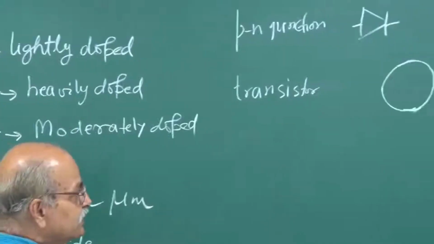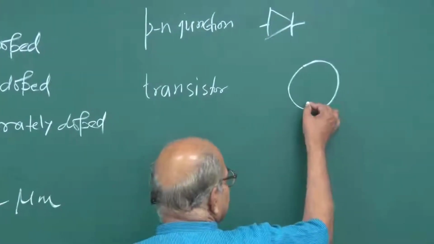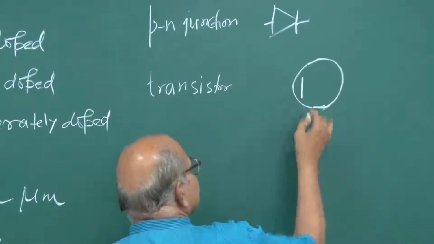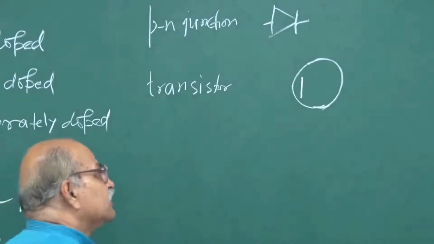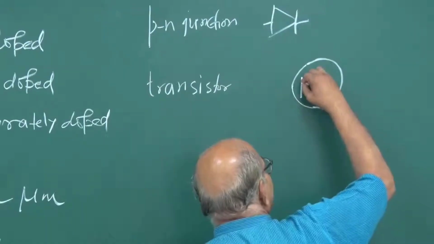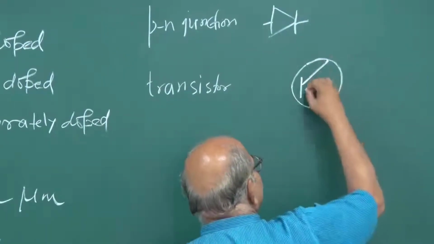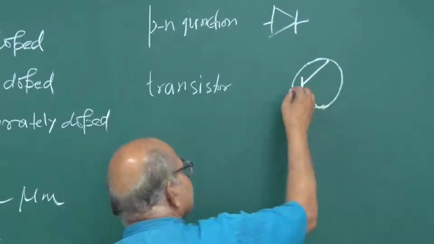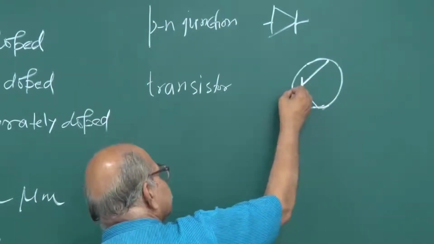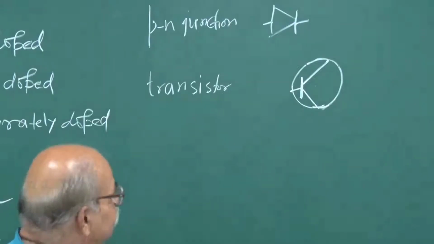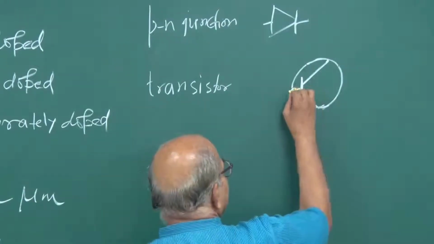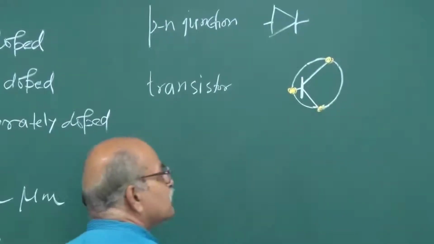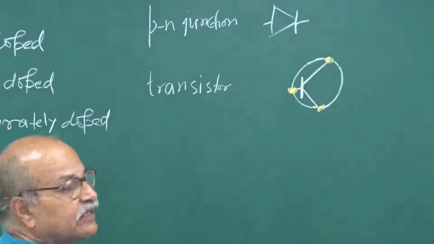Let's draw a baseline; suppose this is the base. Then two slanted lines, one like this, another like this. This is the symbol of this transistor, and these are the connections where it has to be added to the external circuit.